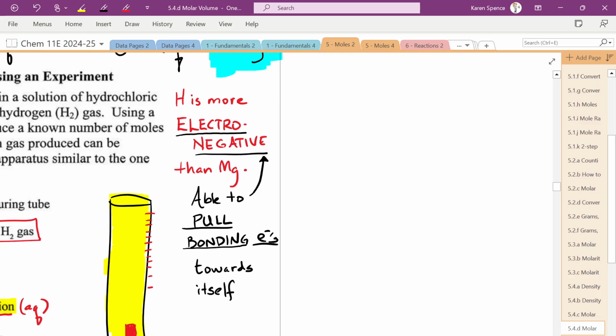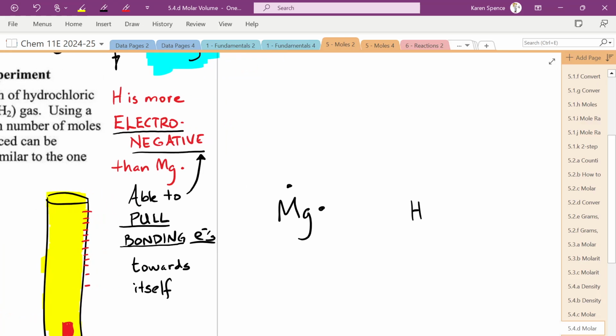So what we would have is magnesium. You remember when you said, I don't want to see the Lewis structures? I'm going to draw you the Lewis structures. We start with magnesium, and its valence shell is empty. And we have hydrogen, whose valence shell is empty, and we've got a couple of those.